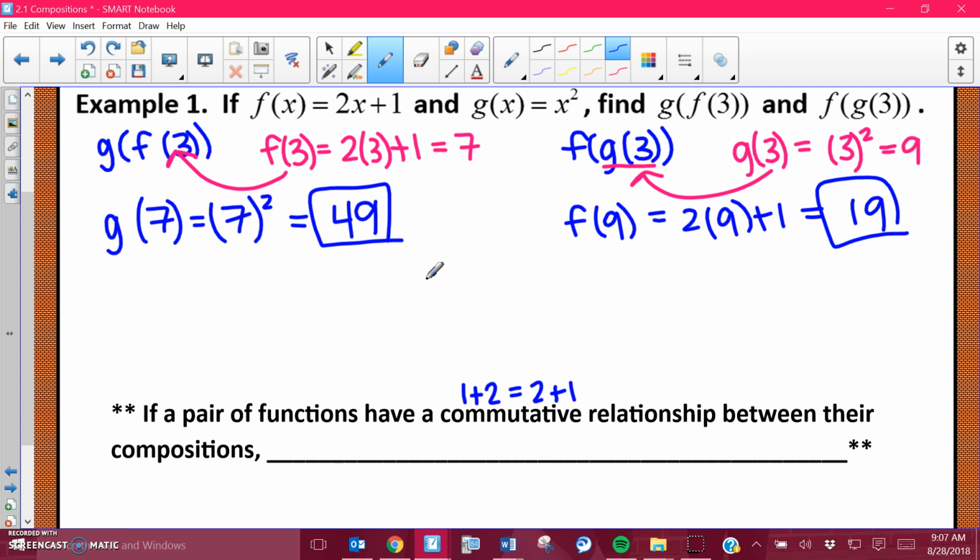So if a pair of functions have a commutative relationship between their compositions, then whatever I have for f of g of x is going to be the same thing as if I plugged in g of f of x. So if I look at these two functions, this f of x and this g of x, they're not commutative. I can't plug them in either way and get the same answer. So if you see that they're commutative, that means that I plug it in and I get the same thing both times. Okay, that's just kind of like a side note.